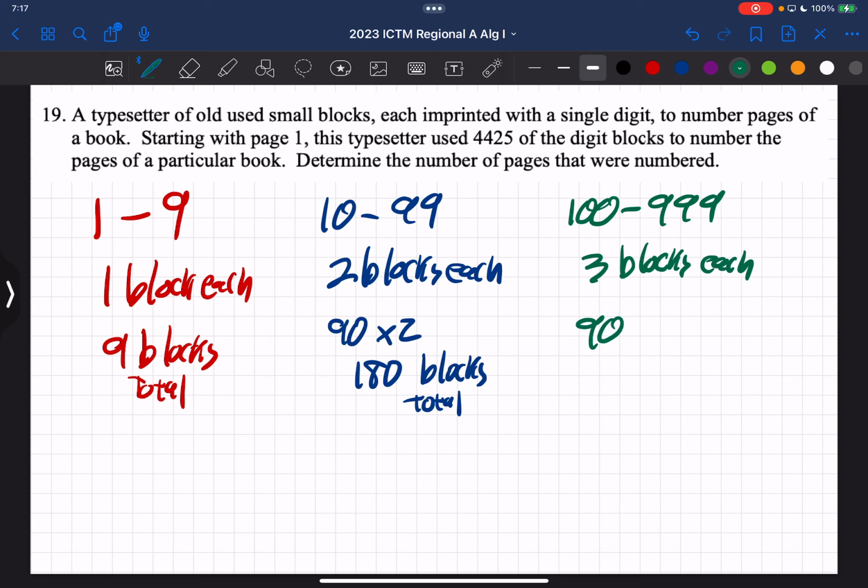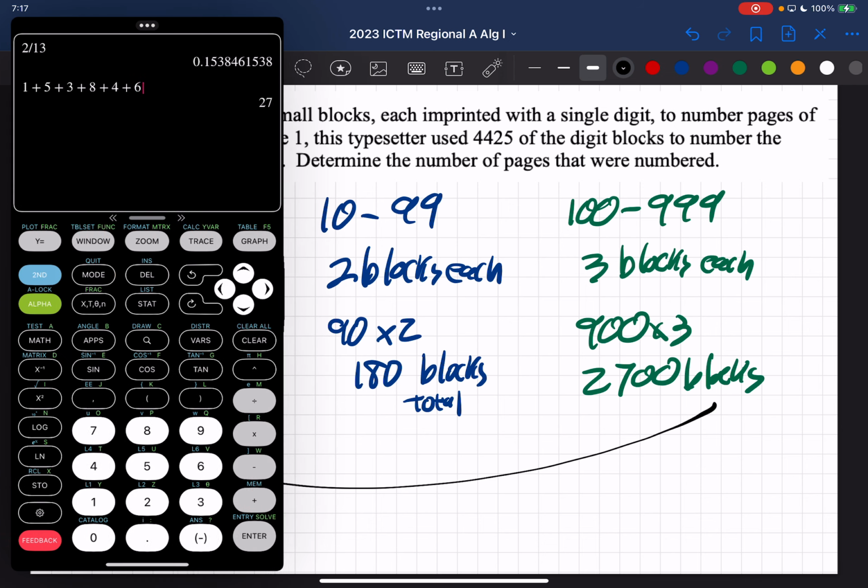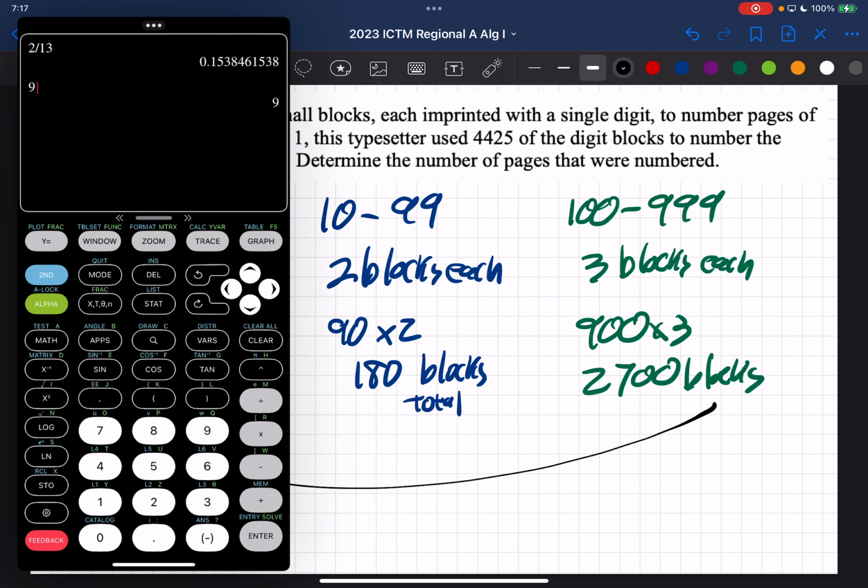Now this is 900 times 3, so that's 2,700 blocks. So in all, we've got 9 plus 180 plus 2,700. So we have 2,889 already accounted for.